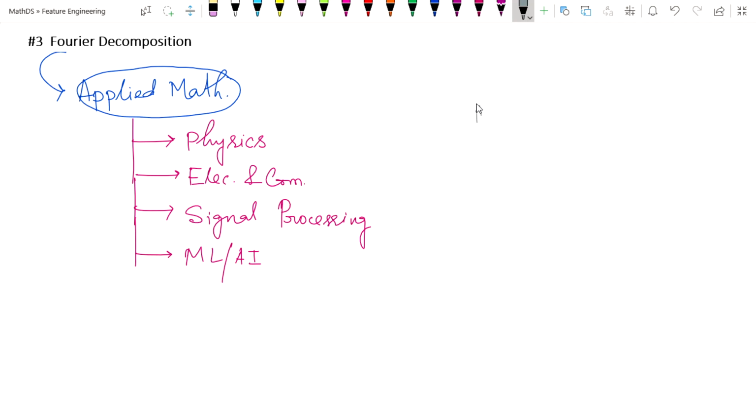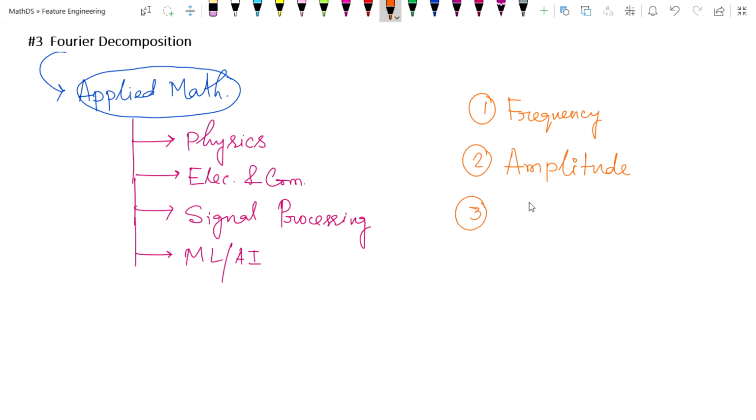First we have to know what frequency is. The second thing is amplitude, and the third one is phase. But what are these things?